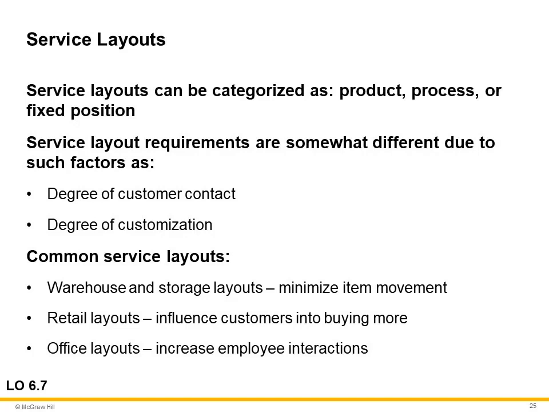The first one is degree of customer contact, and the second one is degree of customization of your service. Degree of customer contact means how much your customer is involved in the service. You can compare a salon with an online service. And degree of customization is how much your service can be customized based on your customer's order.